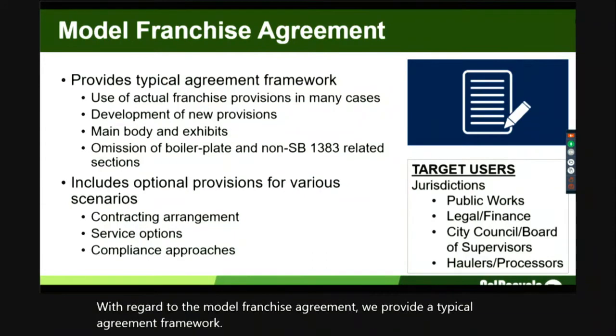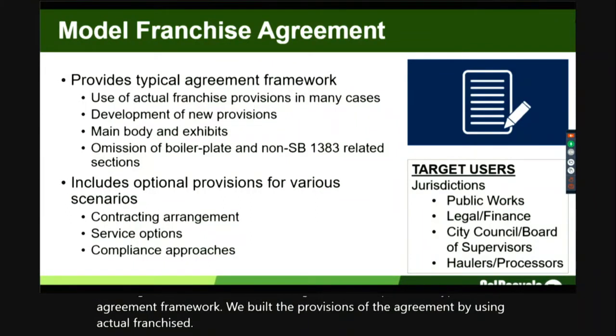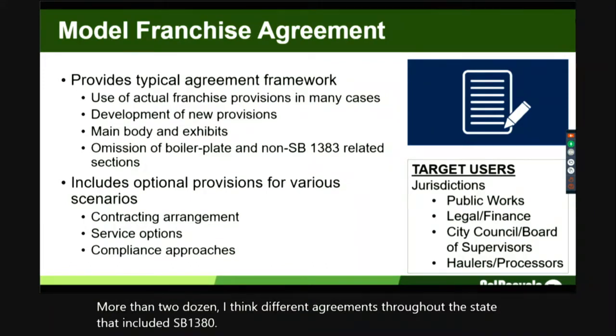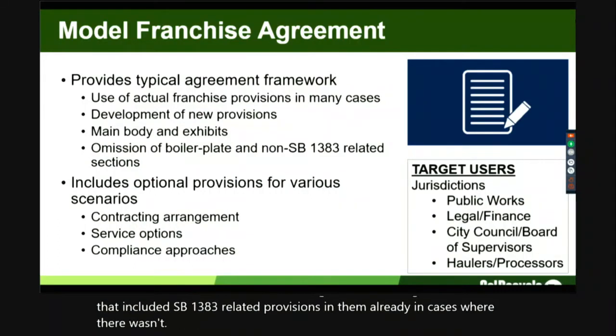We built the provisions of the agreement by using actual franchise provisions. We drew on about 20, more than 24, I think, different agreements throughout the state that included SB 1383 related provisions in them already. In cases where there wasn't example language that we could identify, we drafted some new provisions to fill those gaps.